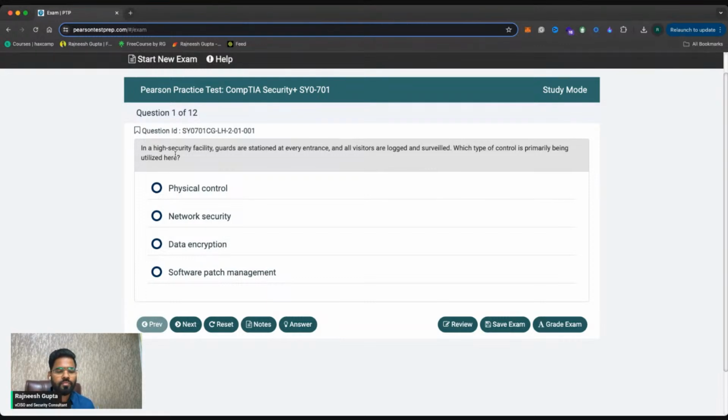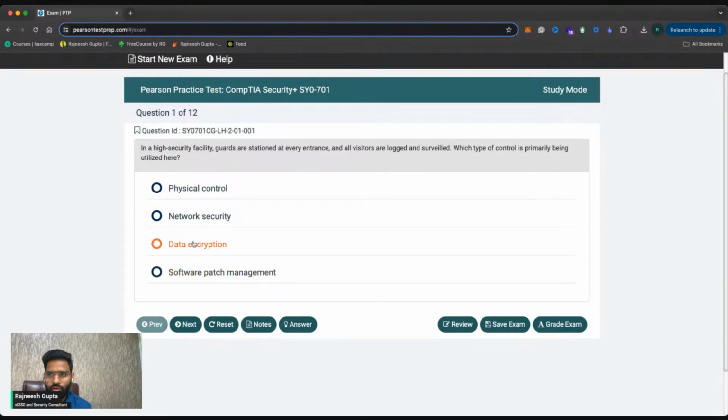Whenever you have any kind of exam or questions, always focus on certain jargon. Or probably you can start with elimination as well. So: high security facility, guards. Guards are in the real world, not the logical space. Data encryption is logical stuff that happens on the data. Software is again logical.